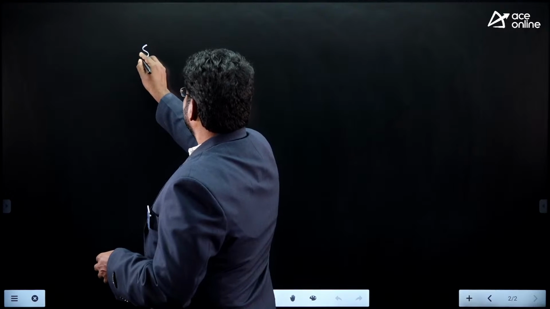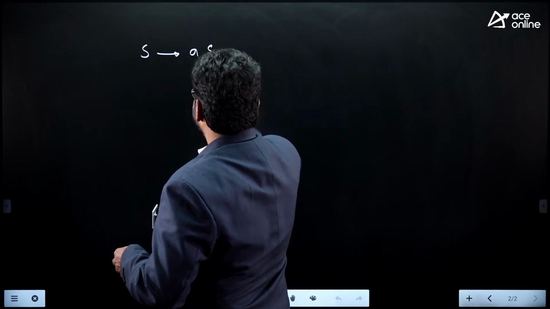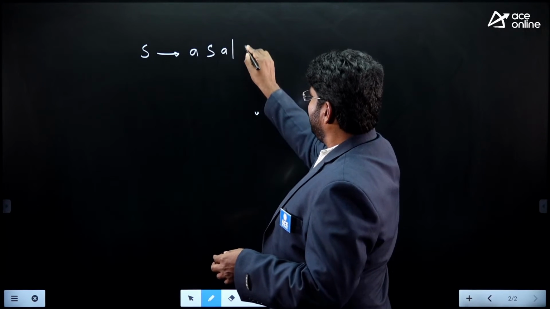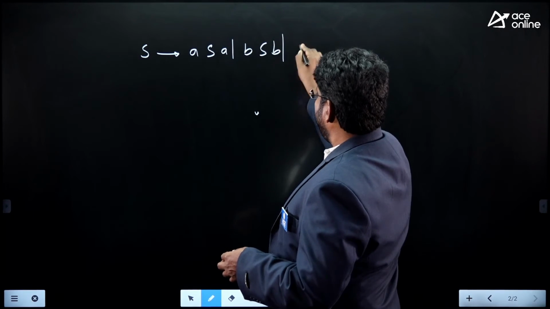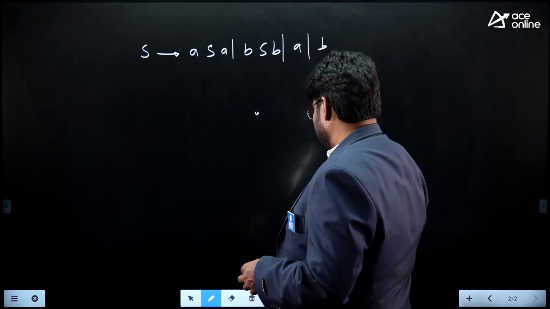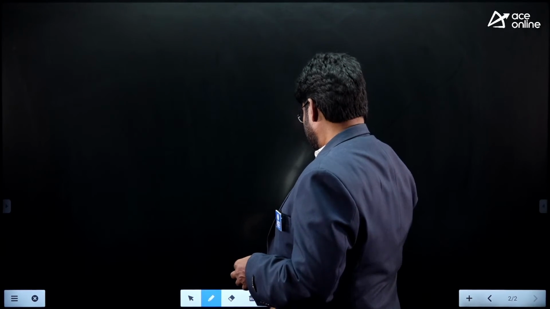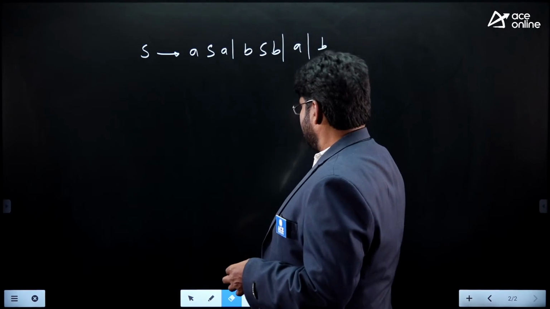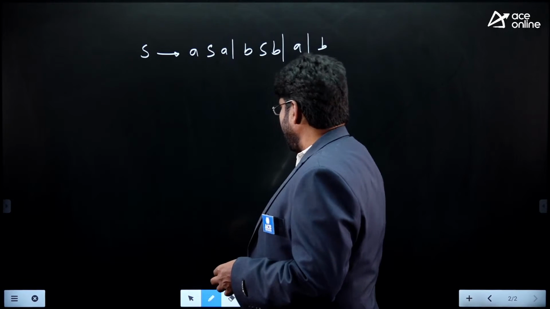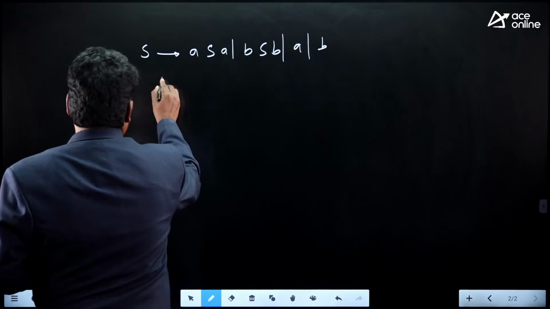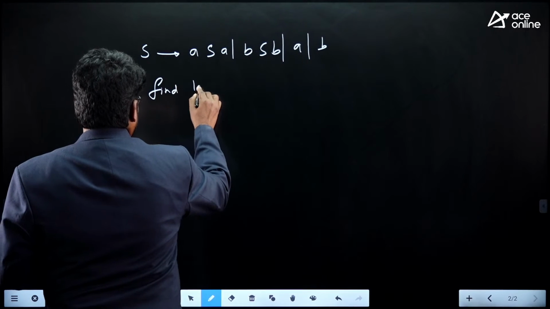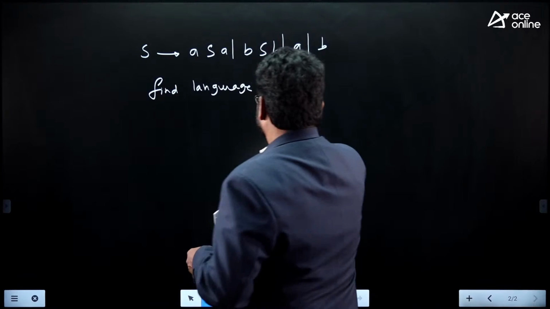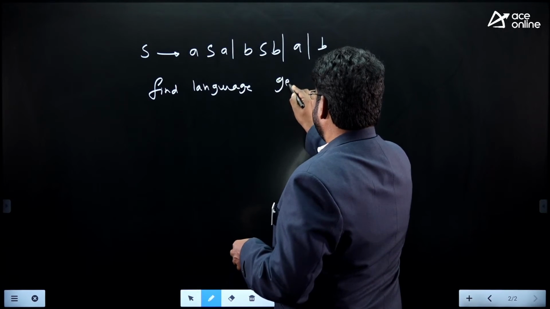I have a very, very popular grammar: S tends to A S A, B S B, A, B. Suppose I have this one here. Then they ask you to find the language generated by the grammar.